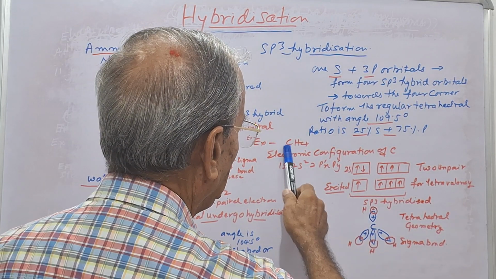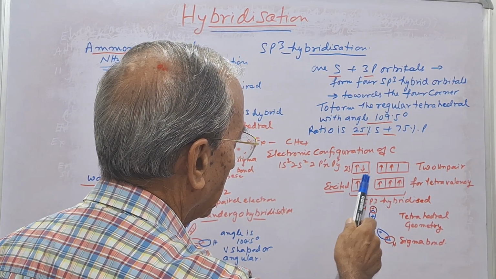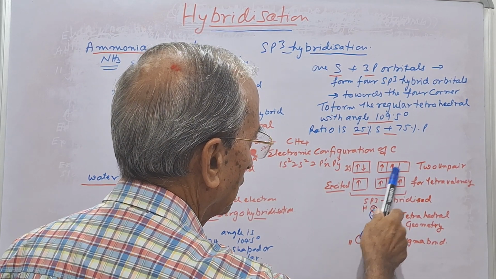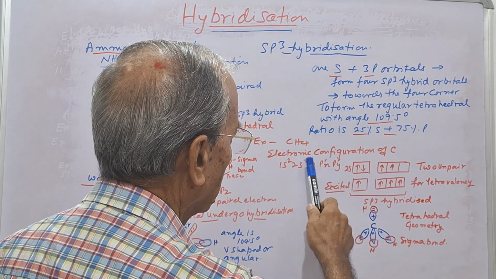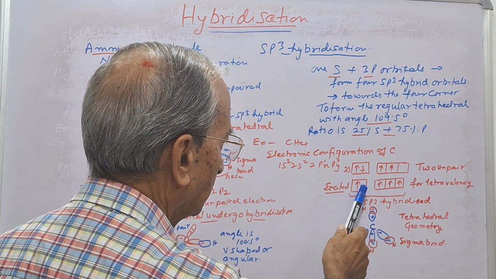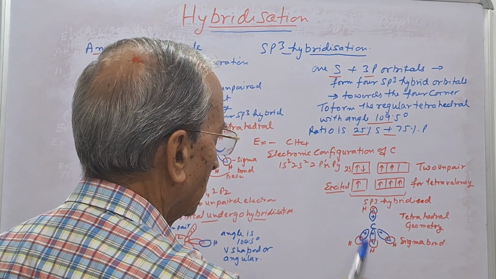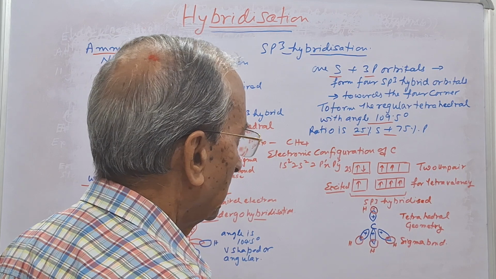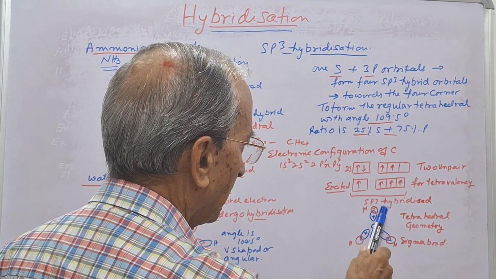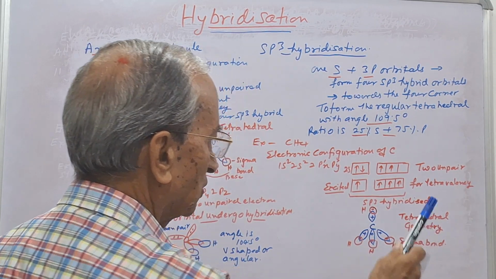So in the example of CH4, the central carbon atom has the configuration of 2s and 2p orbitals, and we know that the valency of carbon is 4. So one of the electrons from the 2s is promoted to the p orbital. Now one s and three p hybridize to form four orbitals of equal energy, that is sp3, and it forms a tetrahedral geometry.